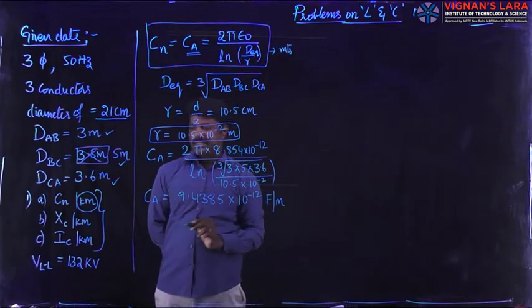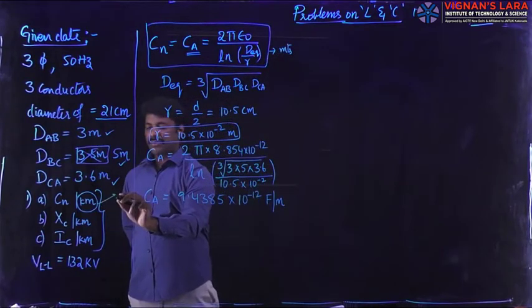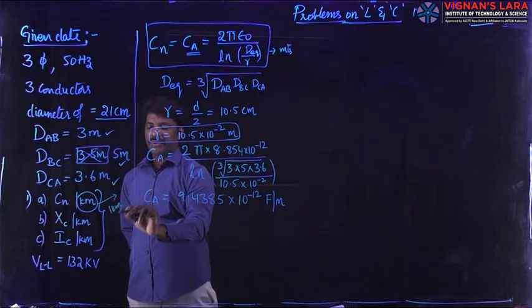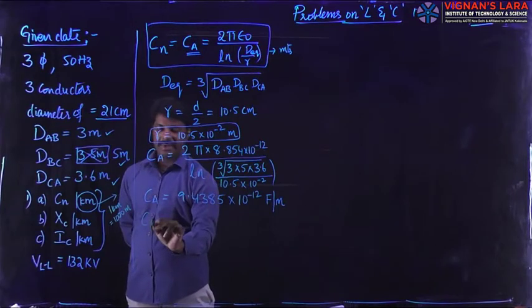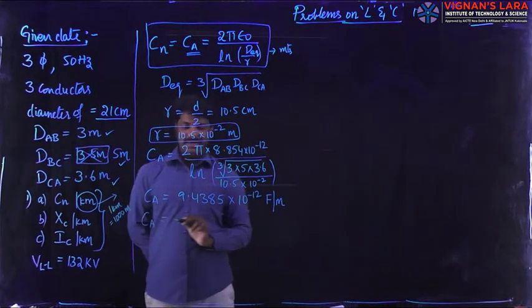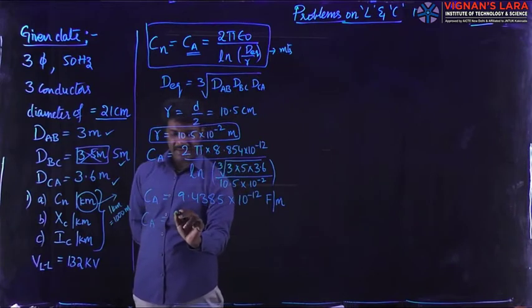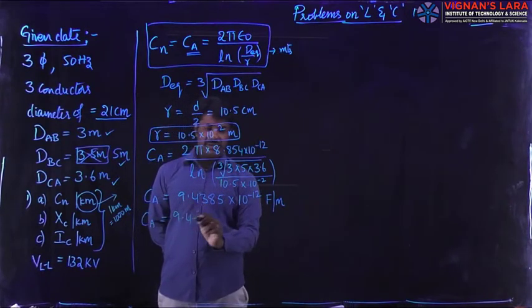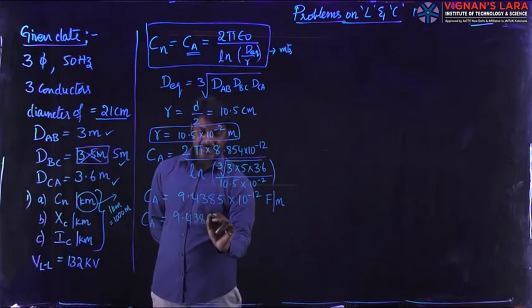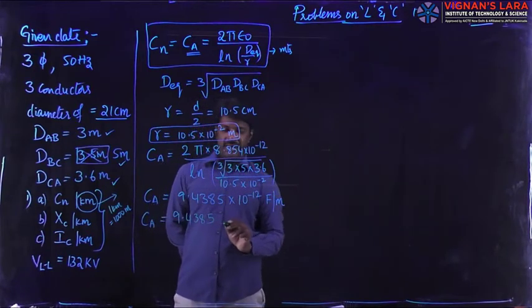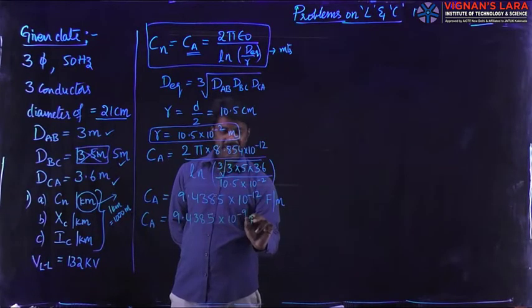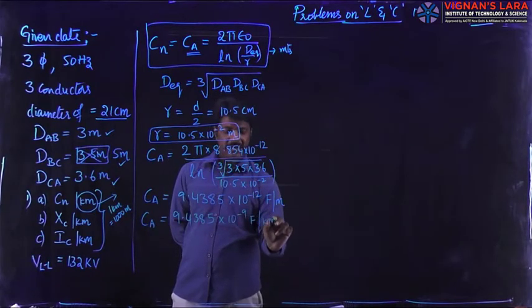Since they are asking for 1 kilometer, which is equal to 1000 meters, the capacitance of each conductor is calculated for 1 kilometer length by multiplying by 1000. What we get is 9.4385 into 10 power minus 9 farads for 1 kilometer length.